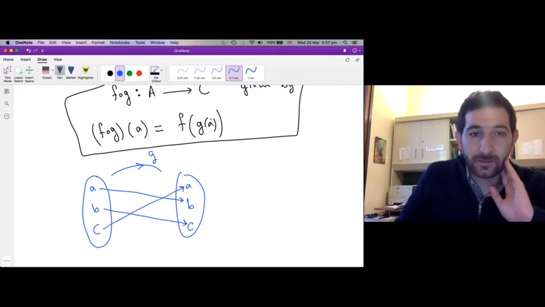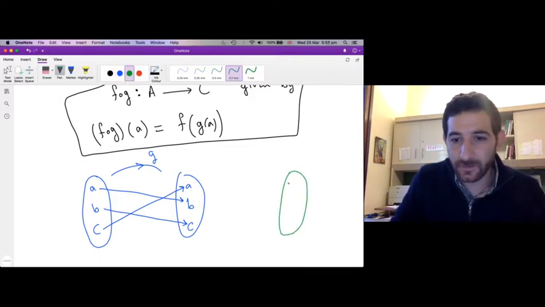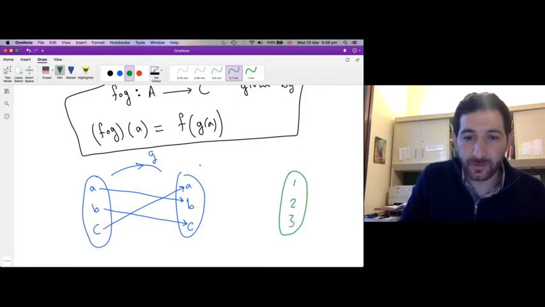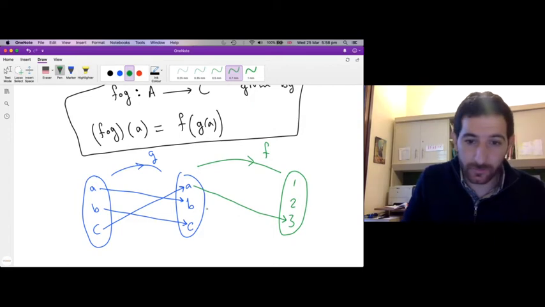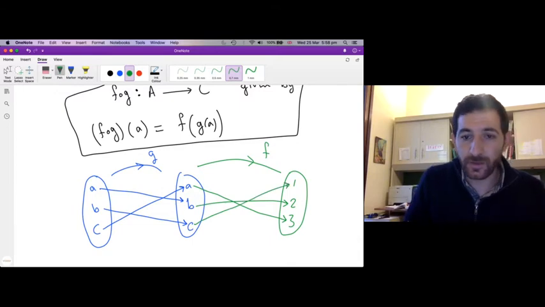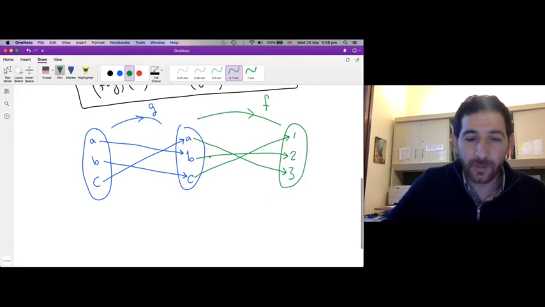Okay, now suppose we have another function f whose domain is {a, b, c} and codomain is the set containing 1, 2, 3. This is f, and it maps a to 3, okay, b to 2, and c to 1.